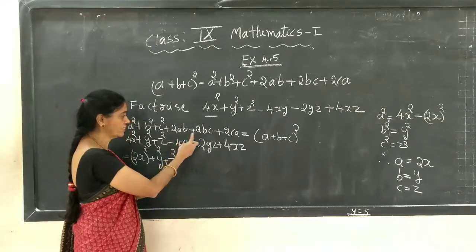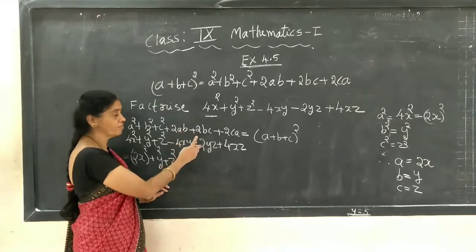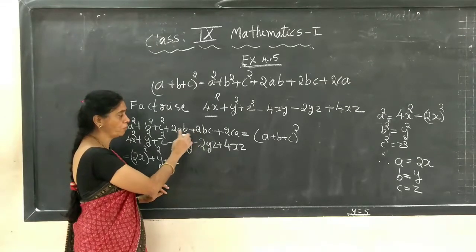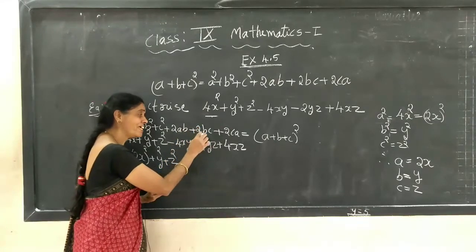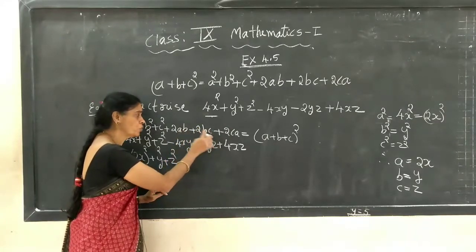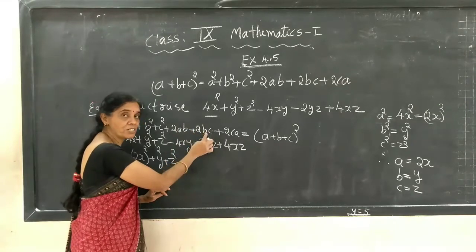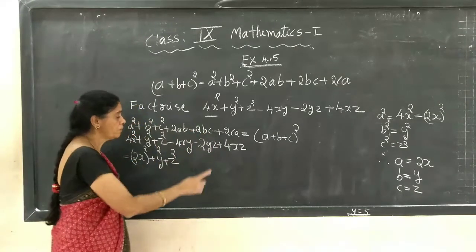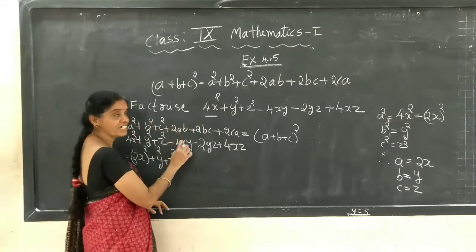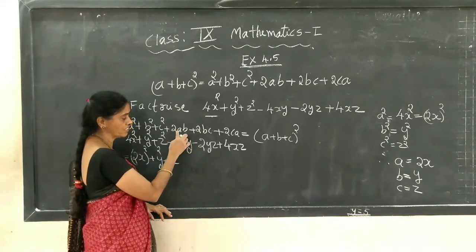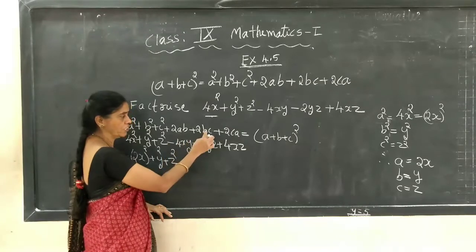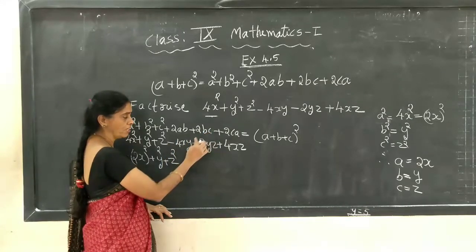So one particular term is minus here. So which term is present in both? Here 2ab, here 2bc. So b is present in two terms, in this term also, in this term also. Therefore b must be minus. A is positive, b is minus, so the answer will come minus. Here also b is minus, c is positive, then it will come minus.